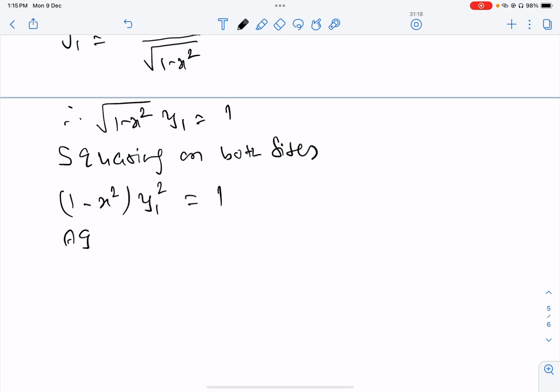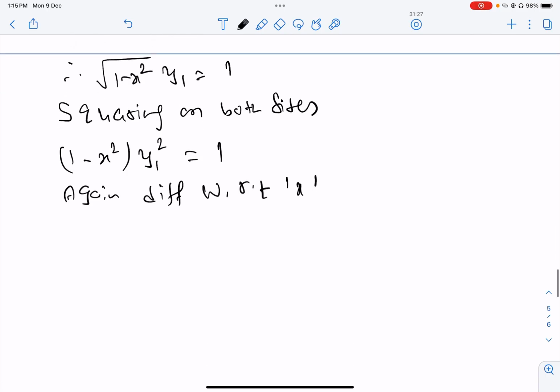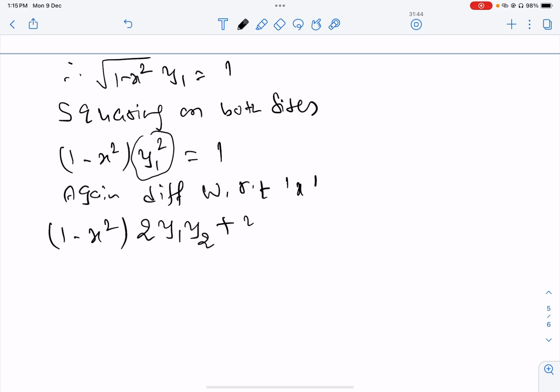Now let us again differentiate with respect to x. So then 1 minus x square times derivative of y1 square. So that is 2y1, and again we use the chain rule. So derivative of y1 is y2, plus y1 square as it is.